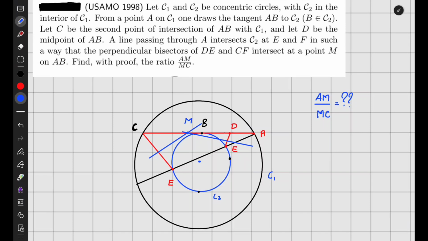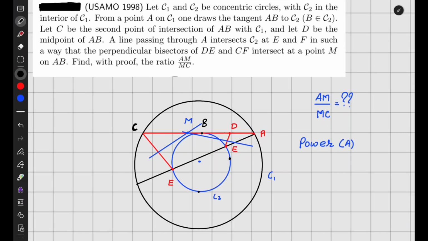So let's find the power of A. First of all, to find that parameter in which they can be represented, we will first trigger out the power of points.